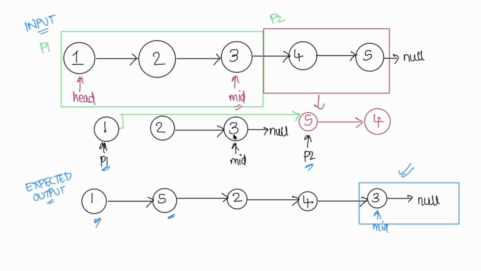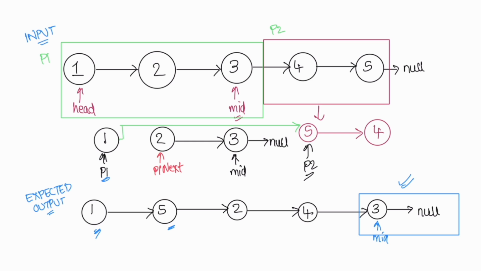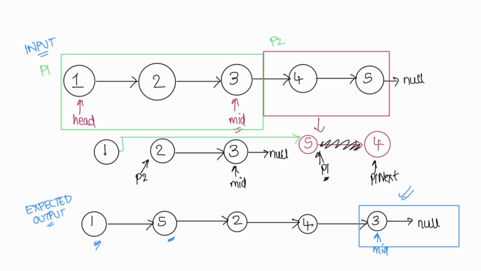And now P2 should point to this node, right? But there is no connection here. So initially you have to create another node P1 next, so that this P2 can point to, and now this P2 will move to P1 next, and P1 will move to P2. P1.next, so remove this connection, will point to P2, and we have to move P1 to P2, so P1 will come here and P2 will go to P1 next.